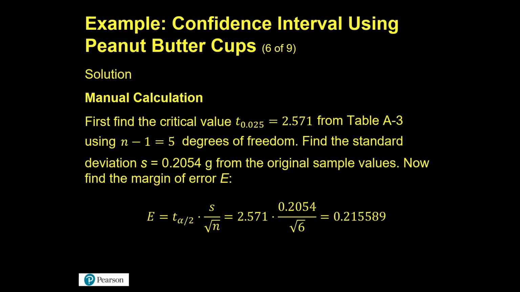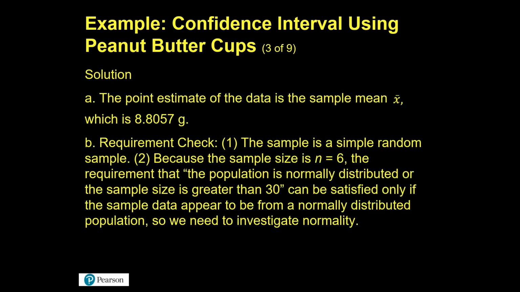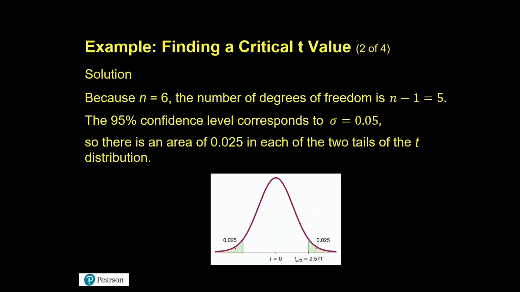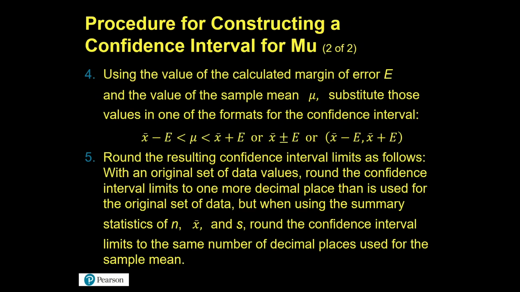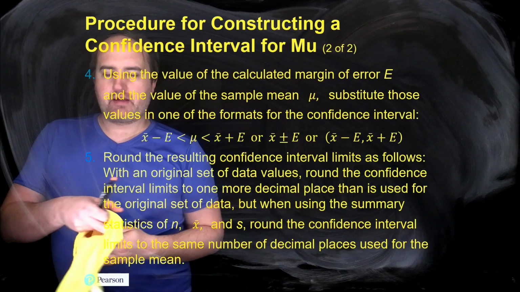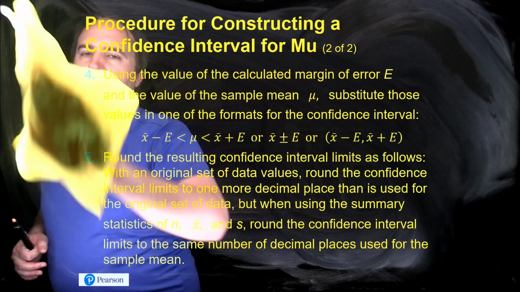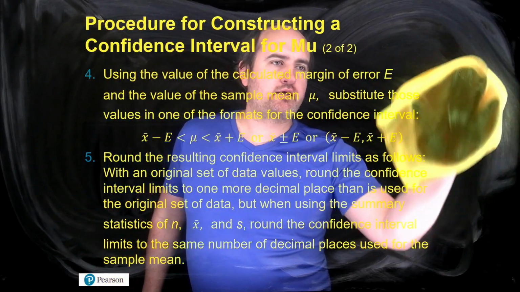All right, and then how do we use the margin of error, E? Well, we want to plug it into the formula for the confidence interval. So we're really on step 4 now of their rather long explanation of how to calculate a confidence interval.